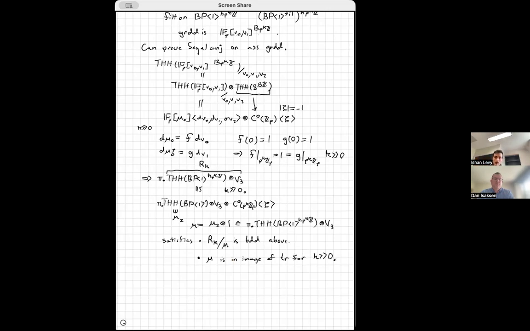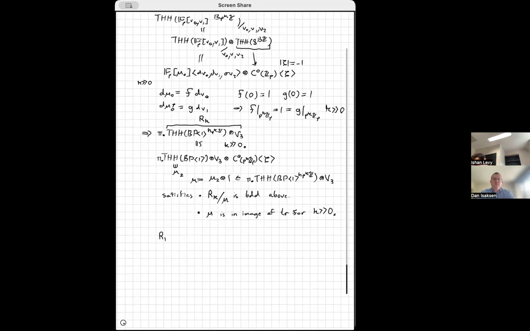So why is that? Well, what are we looking at? We're looking at the transfer map, from the suspension of the homotopy orbits by the circle of Rk mapping to Rk, and we want to show that mu eventually lifts up here. What we know is that the colimit of the Rk's is just the thing that we were calling R before, which is THH of EP1 tensor V3.